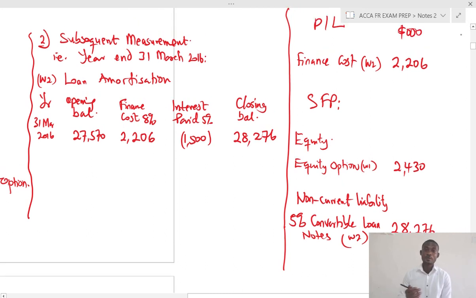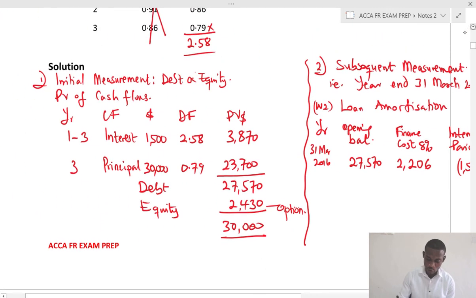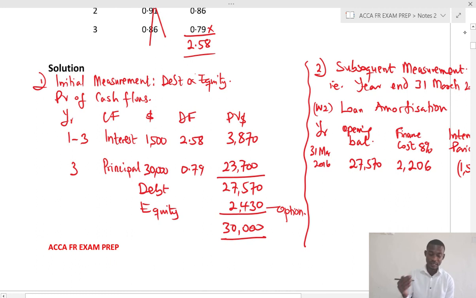So this is how we account for the loan note, right from initial measurement to subsequent measurement, and how you present these figures on the face of the financial statements. So it's important you know the process. First, you split into equity and debt by discounting the cash flows with an equivalent or a similar loan note without conversion rights.